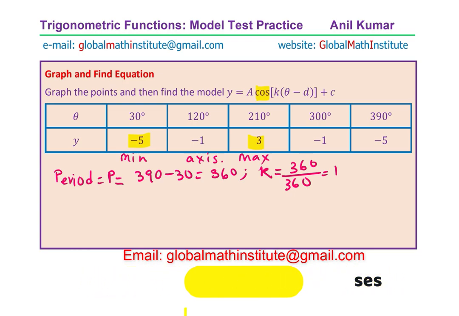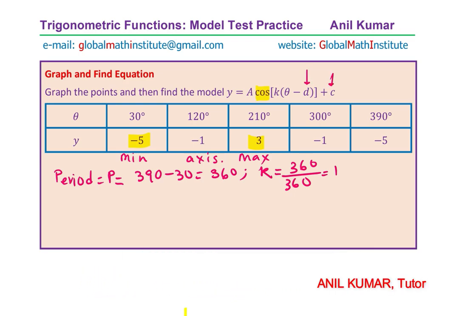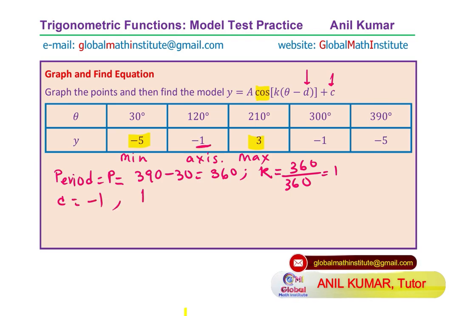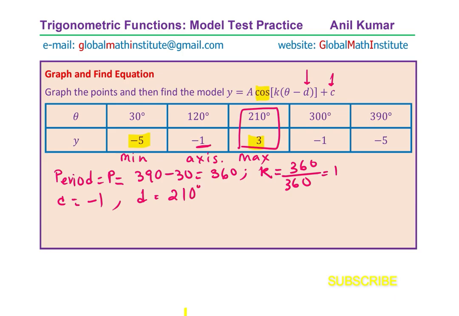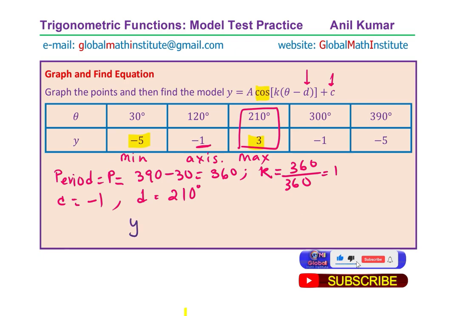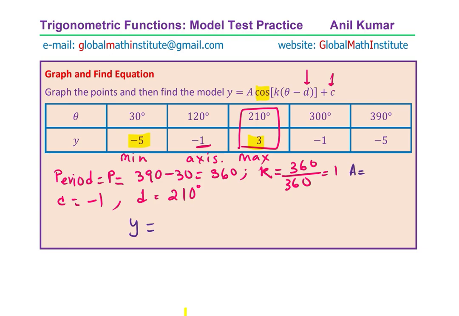Now, the axis and the phase shift. The axis c is equal to minus 1. The phase shift d is where we get the maximum value or the minimum value. The maximum value is at 210, so for cosine, d will be 210 degrees to the right. Now, a is the difference between the maximum and the axis, so it is 3 minus minus 1, which is equal to 4.